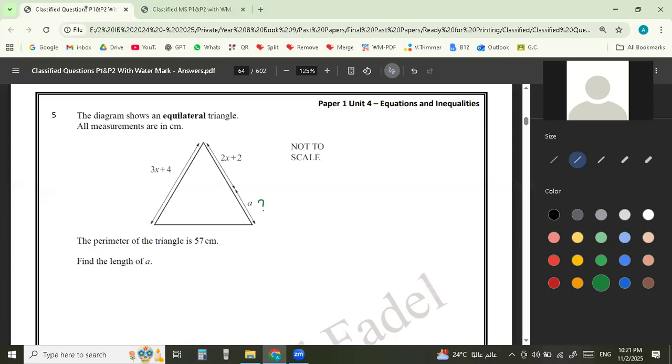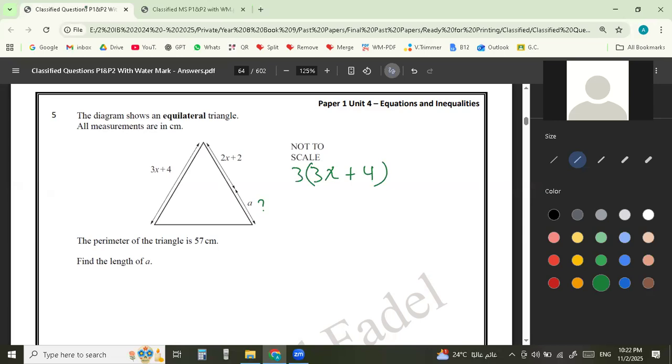They told you that these two are equal, okay? And they told you that the perimeter is 57. They told you that it's an equilateral triangle. Equilateral triangle means that the three sides are equal. So if I have one side is 3x plus 4, what is the perimeter? The perimeter, mister, equals 3x plus 4 multiplied by 3.